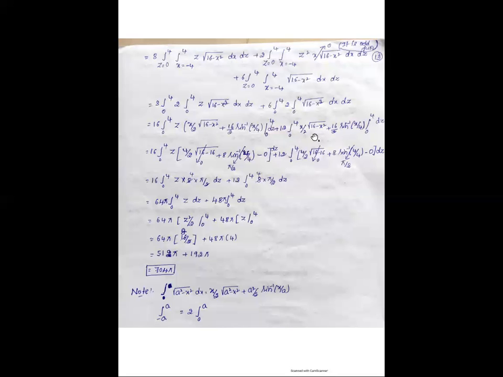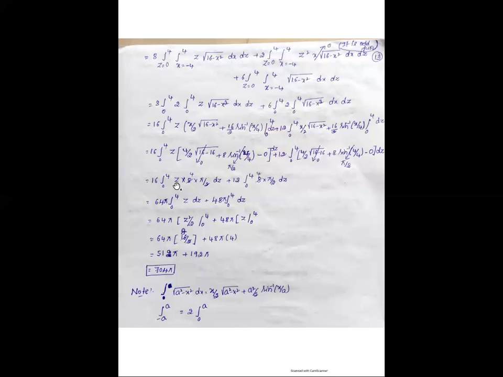Here upper limit x is 4, 16 minus 16 is 0. 4 by 4 is 1, sine inverse of 1 is pi by 2, minus the lower limit where x is 0: 0 into square root is 0, x is 0, 0 by 4 is 0, sine inverse of 0 is 0.